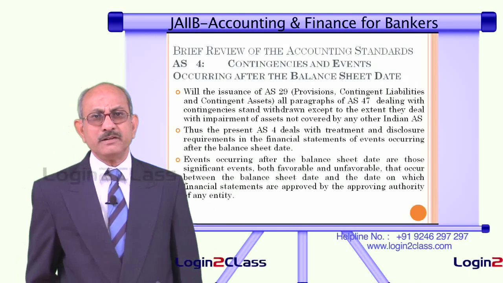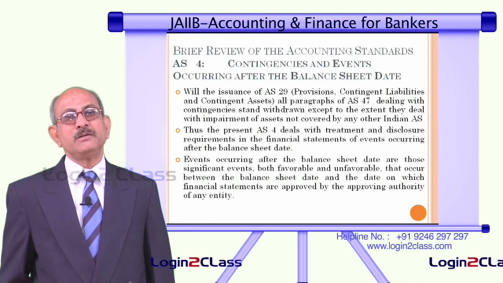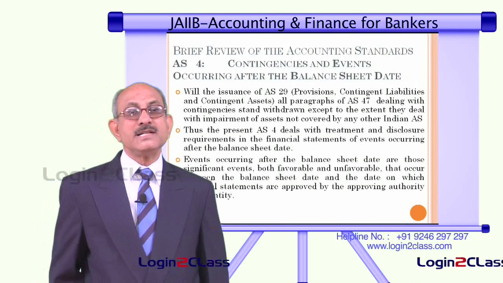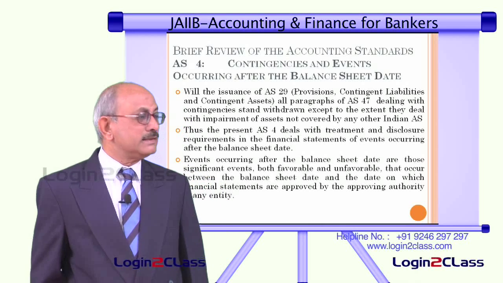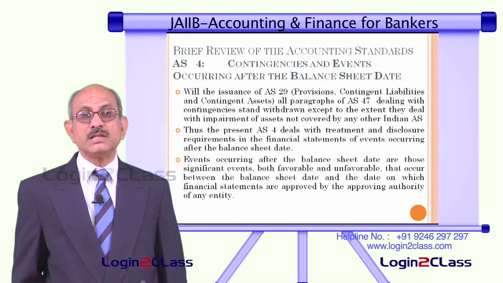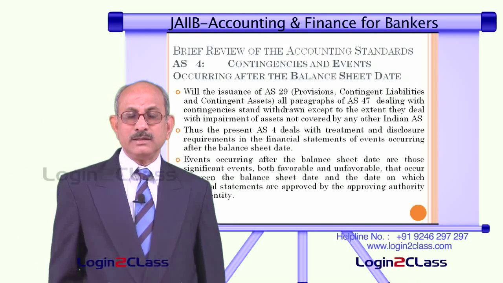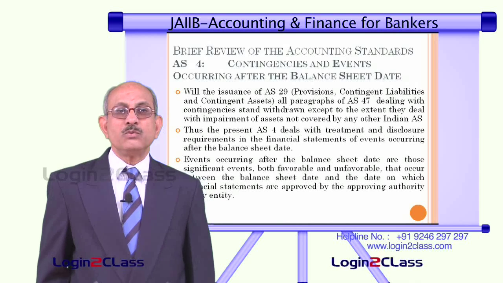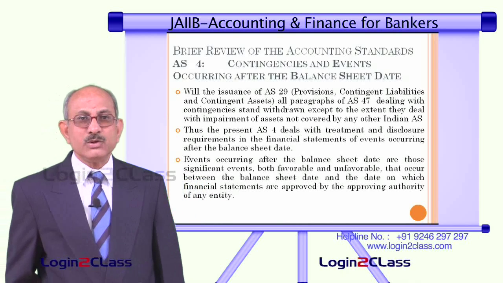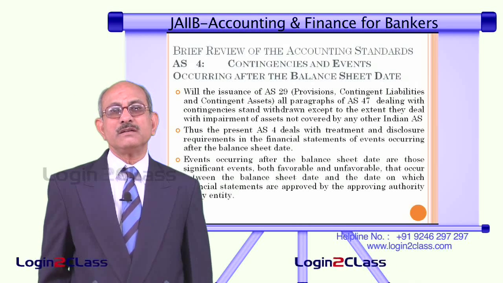This is a significant event because it has a significant bearing on the working of the entity, isn't it? Therefore, it has to be disclosed in the balance sheet as part of a disclosure, so that the users of the financial statements will know whether this event is going to have a favorable or an unfavorable impact on the working of the entity.